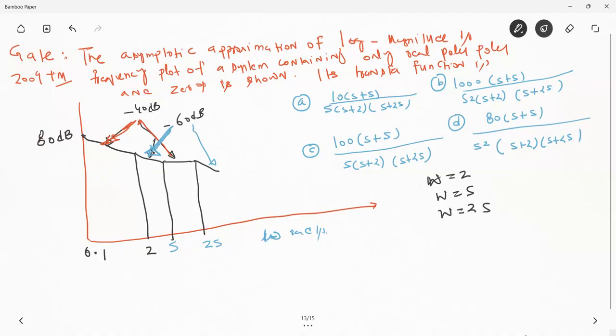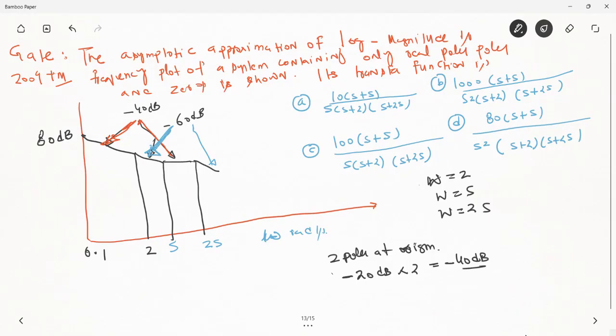Now we have to identify which are the zeros and which are the poles. Initially it is starting from minus 40 dB. Is that possible due to zeros? No, it is possible only due to poles. So that means it has two poles at origin, because the contribution of the poles is minus 20 dB into 2, and then only you will get minus 40 dB.